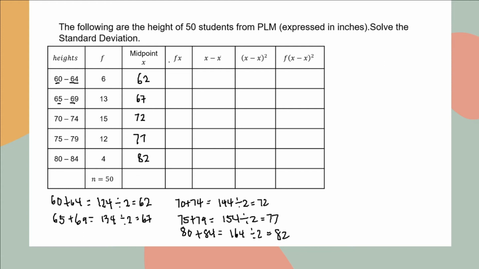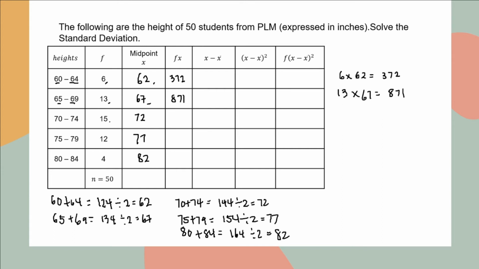Now let's proceed to Fx. To get the Fx, just multiply the frequency and the midpoint. So 6 multiplied by 62, we have 372. Next is 13 times 67. So 13 multiplied by 67, we have 871.